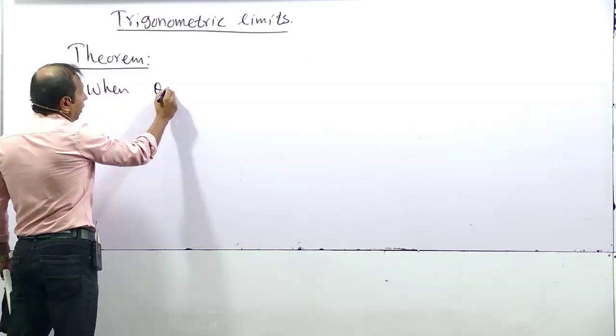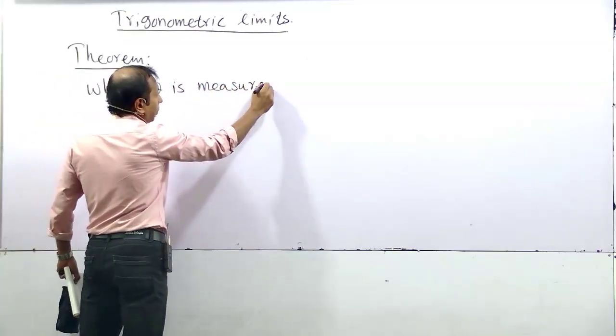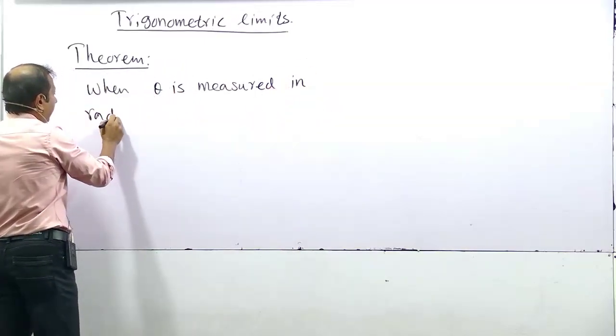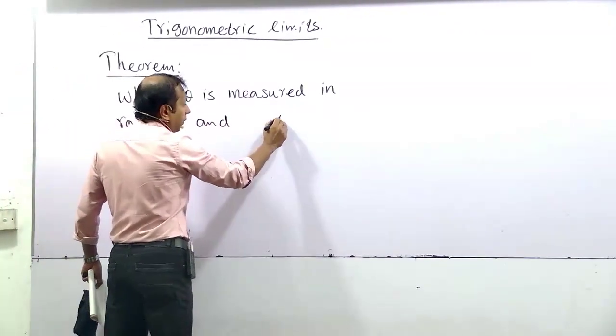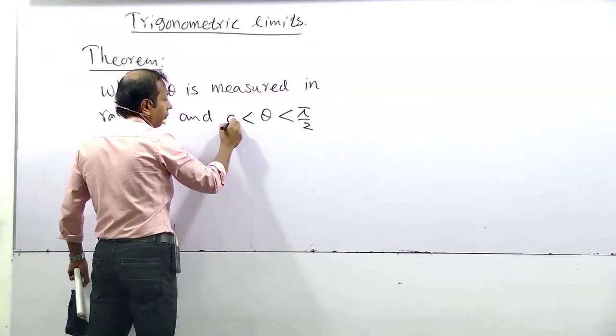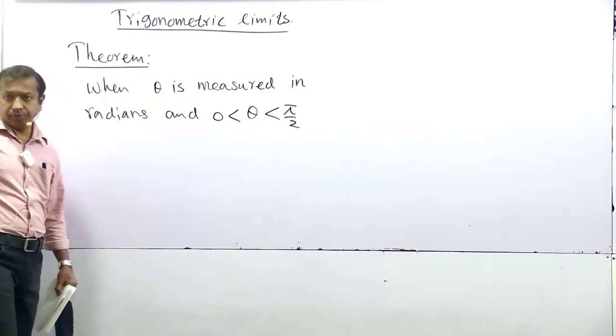When theta is measured in radians, you know what is meant by radians, and theta is less than pi by 2 and greater than 0. Okay, theta is in between 0 and 90.